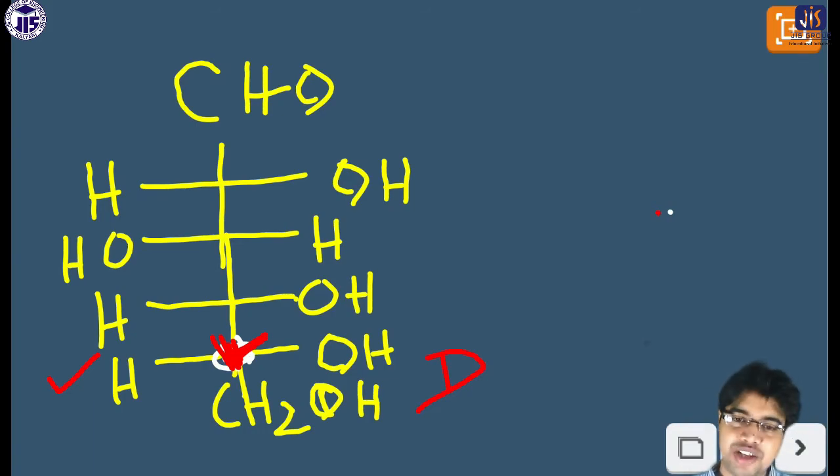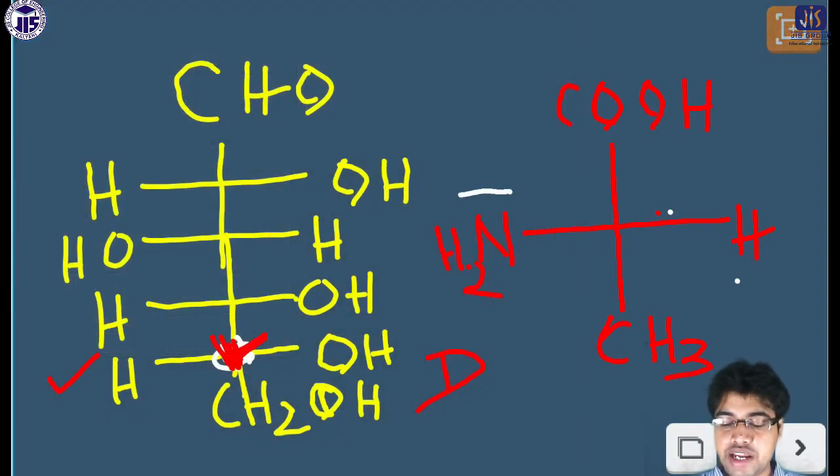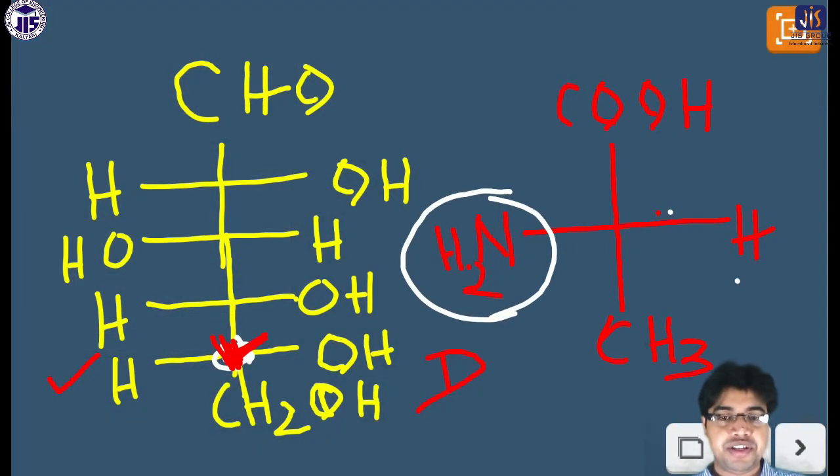I can give you an example of an amino acid, the most simple example, like alanine. In an amino acid, you know that two main groups are there: one is COOH, another is NH2. These two groups are very important because they are the main groups of the amino acid. So it will be H and CH3. Now in this example, NH2 is on the left side.